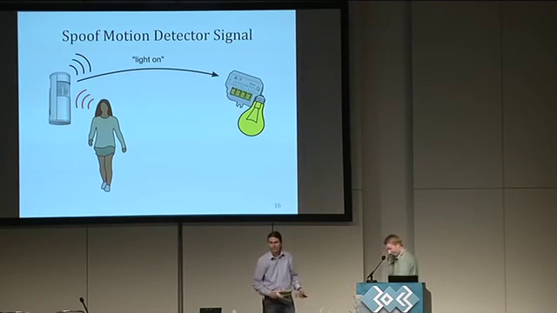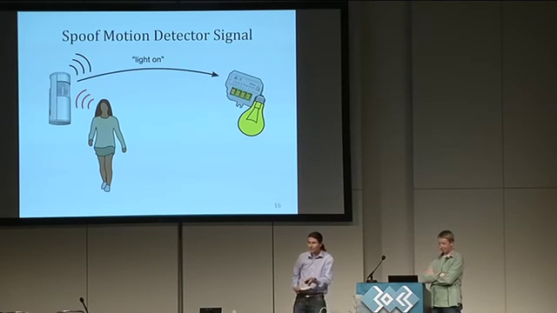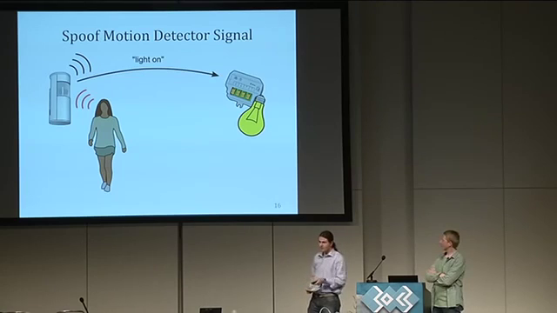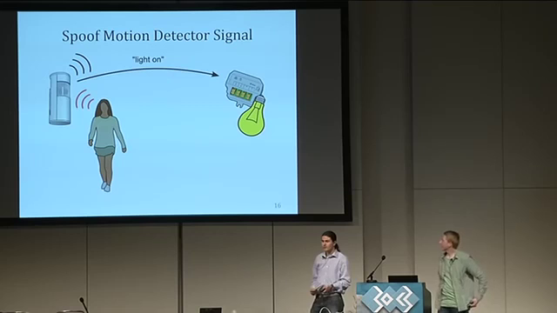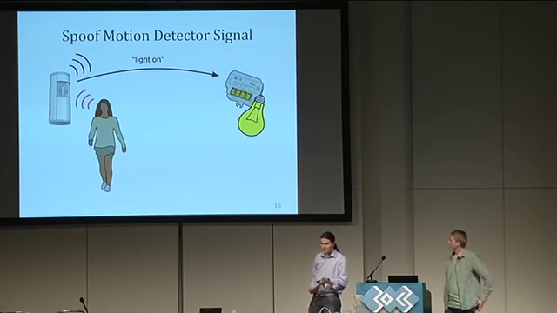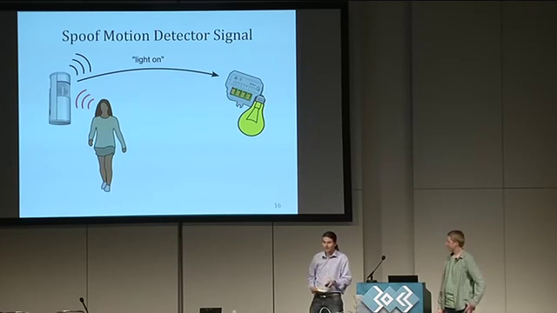Our first attack is not much more than copy pasting a motion detector packet. For this, we need two pieces of information. The first is the address of the motion sensor, and the second is the address of the switch.